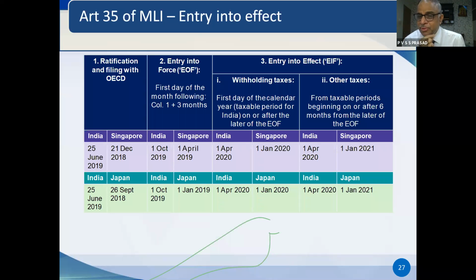Whereas for Singapore, it would be 6 months from the end of the latest date, that is 1st October, which means 1st April 2020, but their taxable year starts on 1st January. So the next taxable year starting after 1st April 2020 is 1st January 2021. On that date only, the regular taxes would become effective from the MLI perspective.